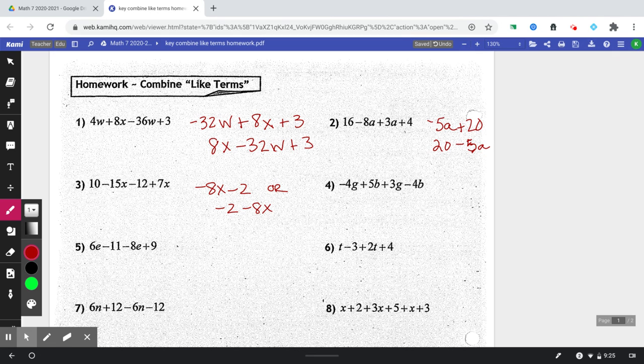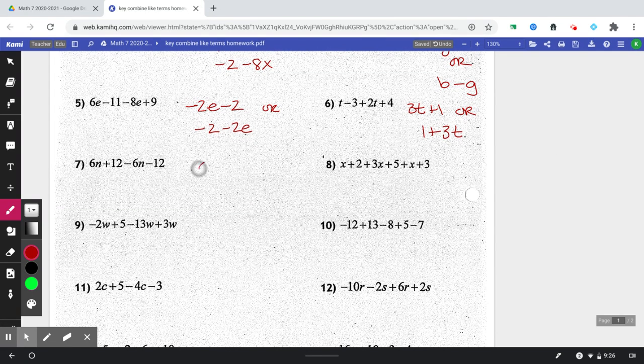Number four, negative g plus b, or b minus g. Number five, negative 2e minus 2, or negative 2 minus 2e. Number six, 3t plus 1, or 1 plus 3t.